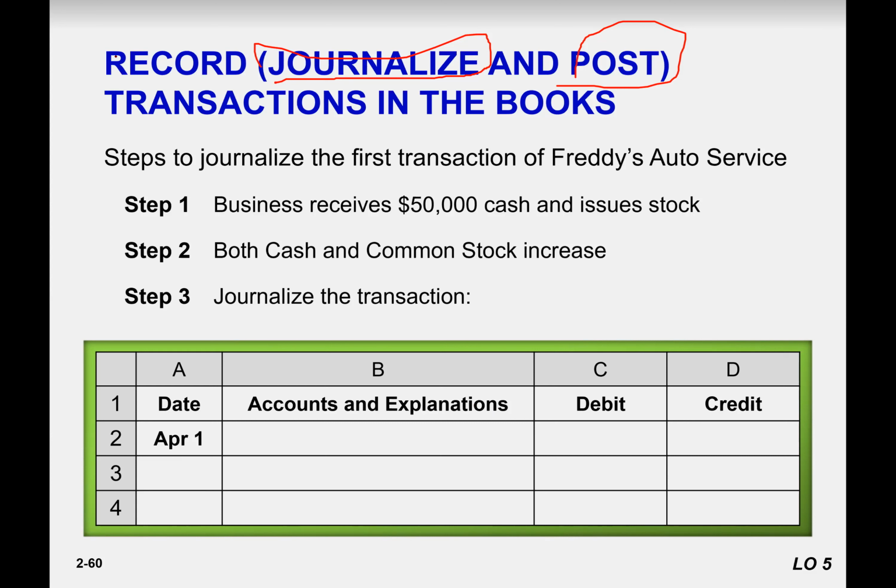Back to our previous transaction: Fred Auto Service, as a company, receives 50,000 cash and issues stock. In transaction analysis, step one: which two accounts are going to be hit? The business receives cash, so the cash account is hit.